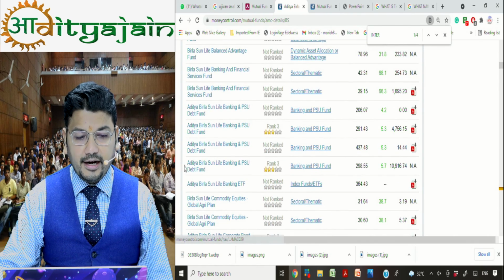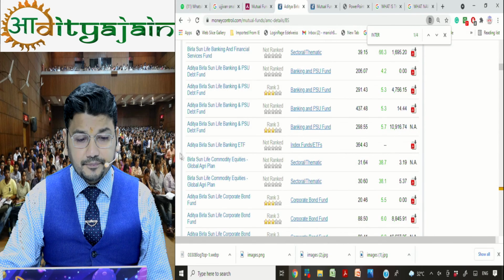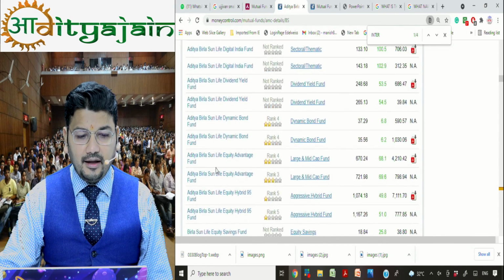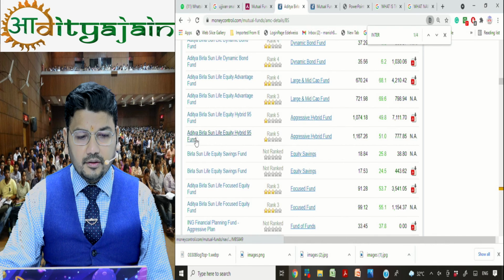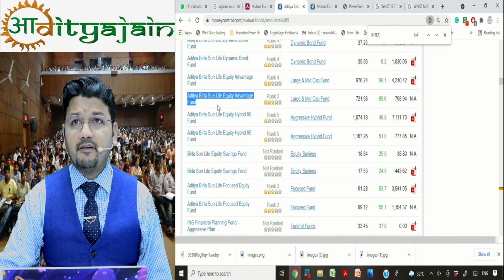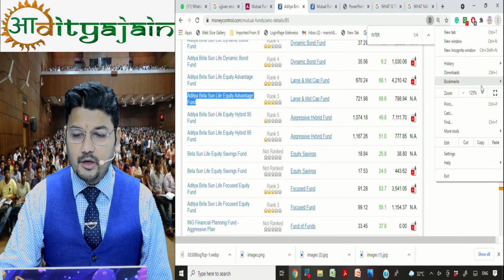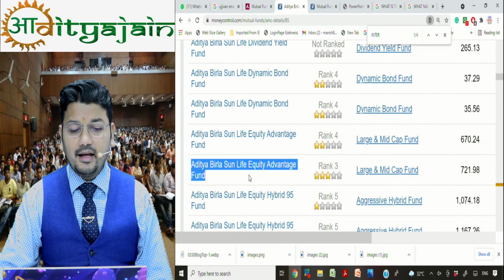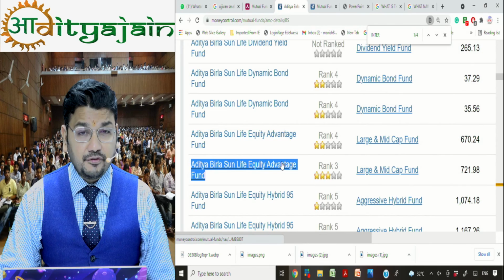Let's locate Aditya Birla Equity Advantage Fund. Let's say I have selected Aditya Birla Sun Life Equity Advantage Fund.